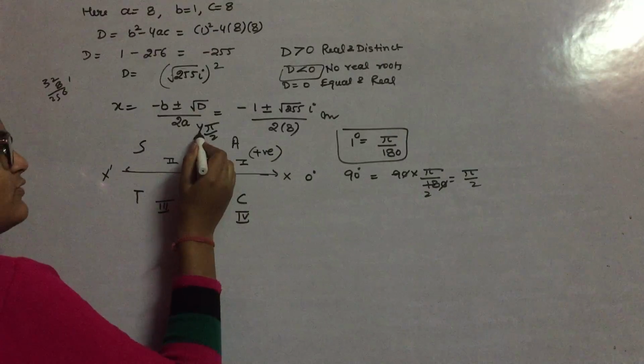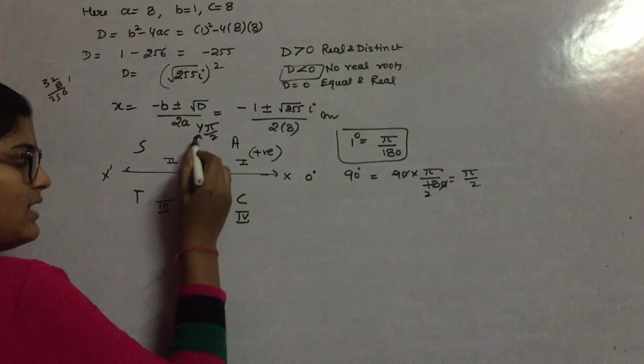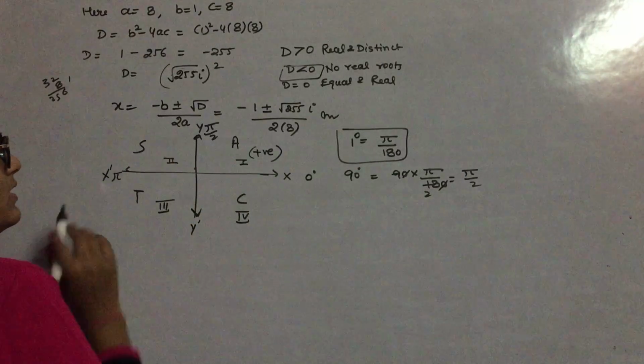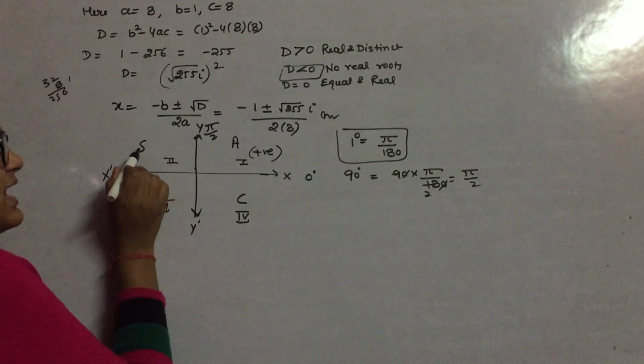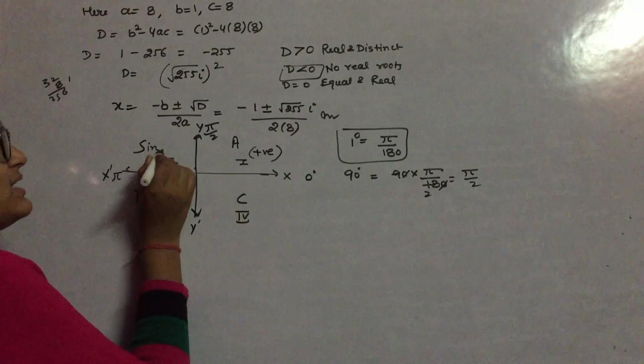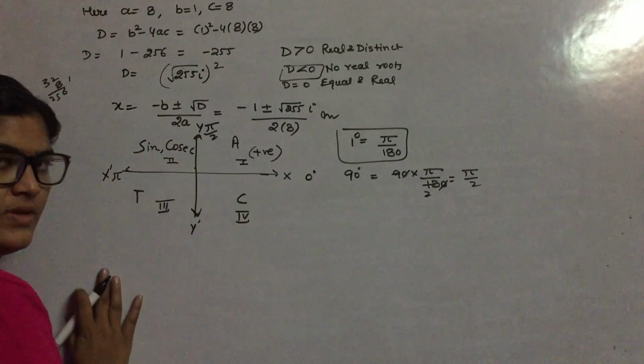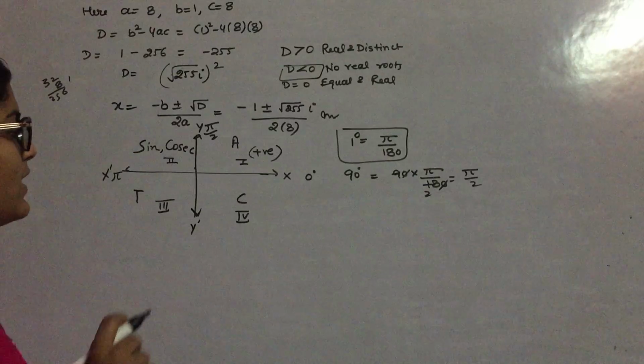Your second quadrant lies from 90 to 180, and 180 is pi. So from pi by 2 to pi, your second quadrant has sine and its reciprocal cosec as positive. Rest all are negative.